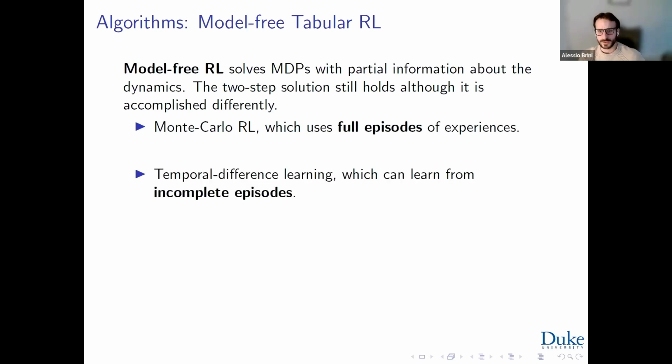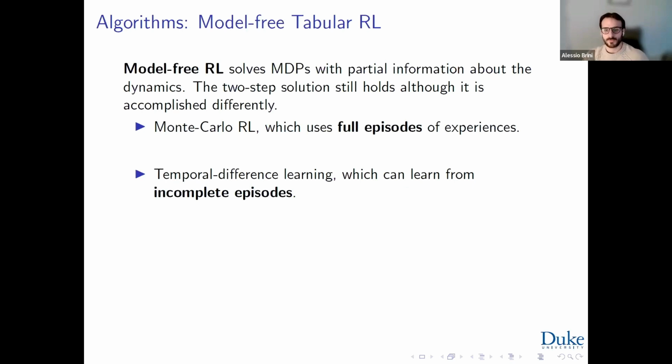On the contrary, there is so-called temporal difference learning, which instead can learn from incomplete episodes. Incomplete episodes means that you don't have the notion of termination that I just described in the kind of problem you're solving. For instance, you're solving a trading problem, but you don't necessarily have a horizon where you want to stop.